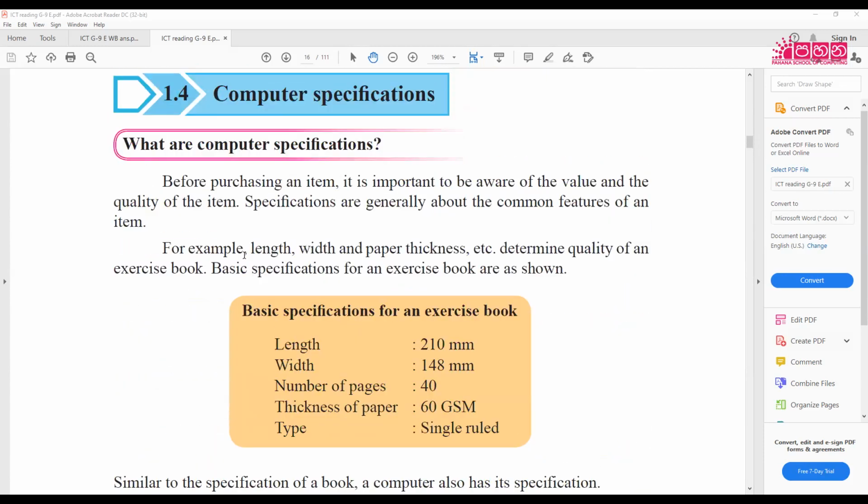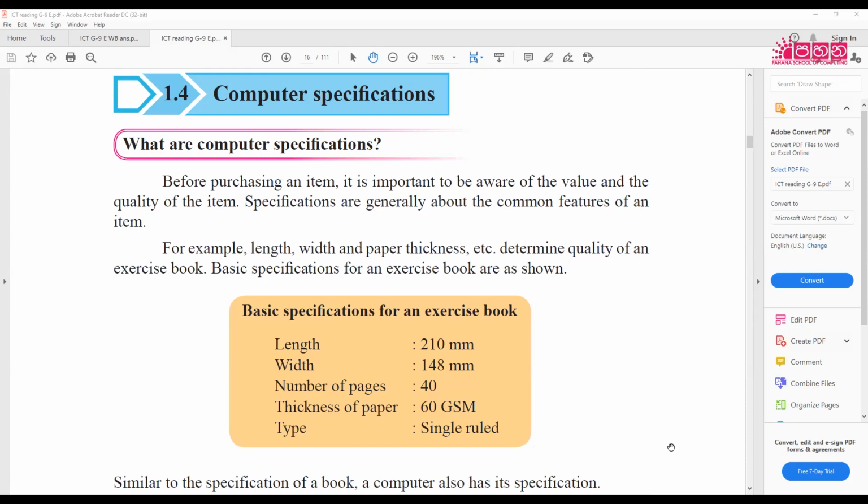And then we were looking at the computer specification. When you want to purchase a computer, you have to look at several things, meaning we have to look at what exactly you need. When you take a book, you think about the size of the book, whether it's A4, B5, and so on. You are also concerned about the number of pages.